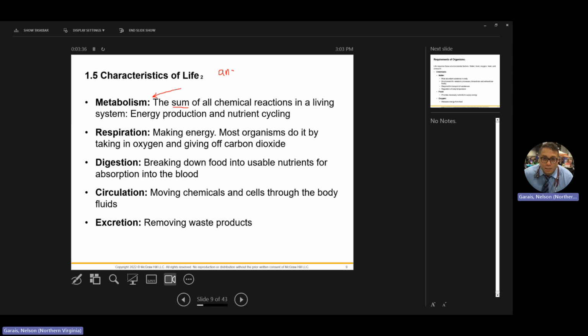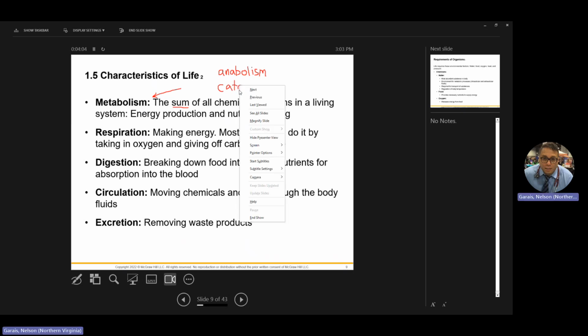Ana means parts. So I want you to think ana, parts. Bol means growth. So you're building. And catabolism is the exact opposite, is the breakdown of things.